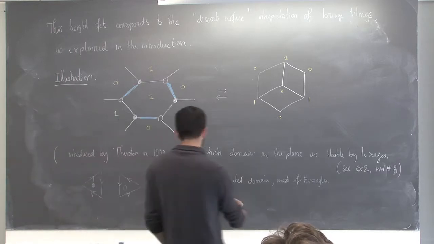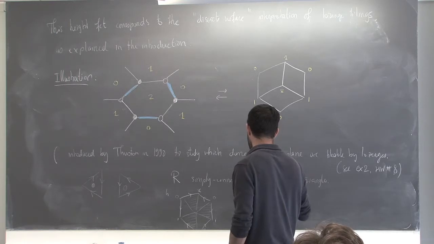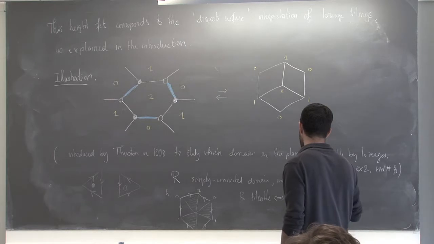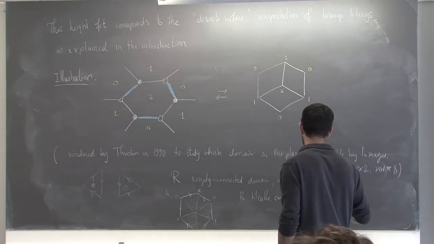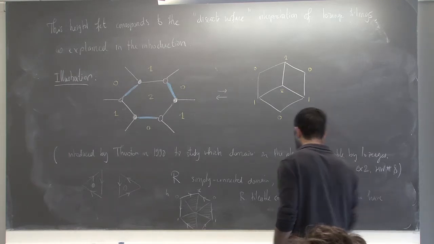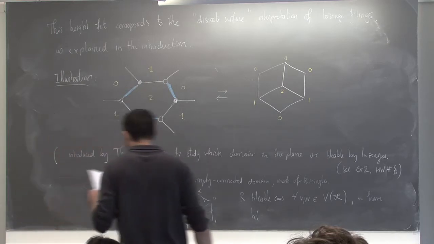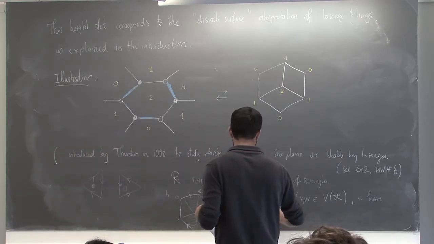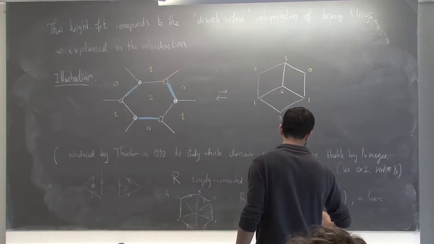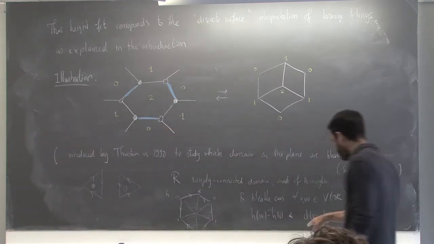So then you have this height function h on the boundary. And the theorem of Thurston is, so the domain R is tileable if and only if for any two vertices on the boundary, we have that h of w minus h of v is less or equal to the distance between these two, where here we have to be a little bit careful.